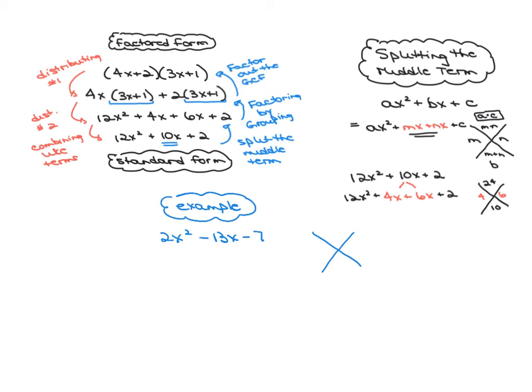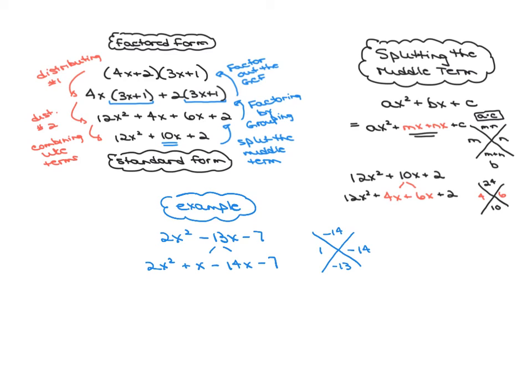I need to find two numbers whose sum is negative 13 and whose product is 2 times negative 7, or negative 14. Those two numbers are going to be 1 and negative 14. With this information, I'm going to split my middle term. So it's going to be 2x squared plus 1x minus 14x minus 7.